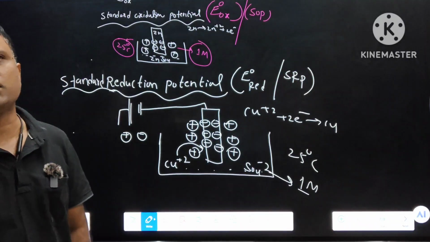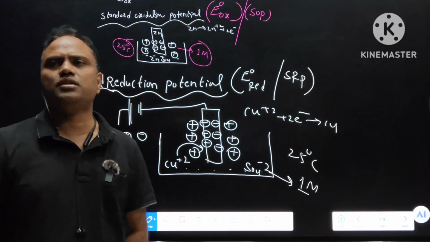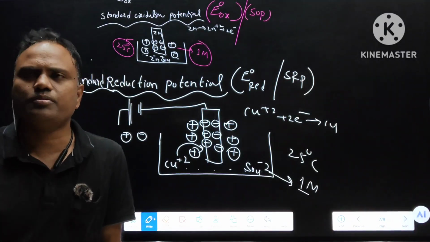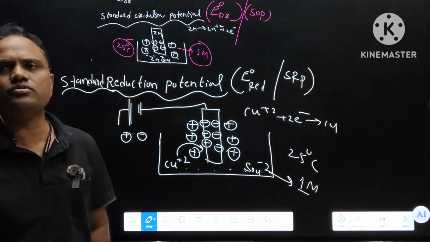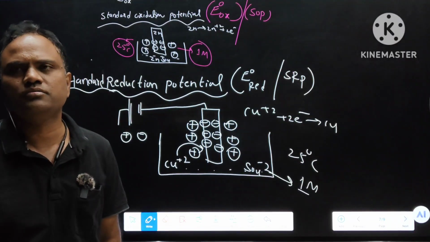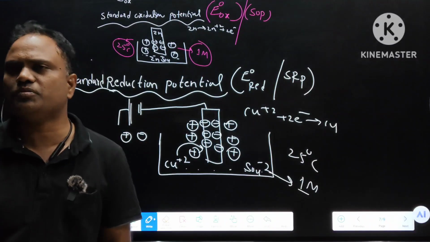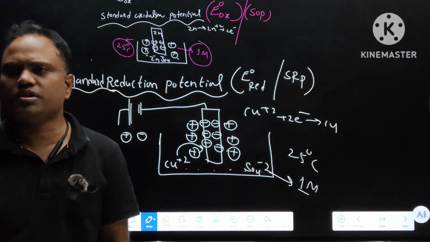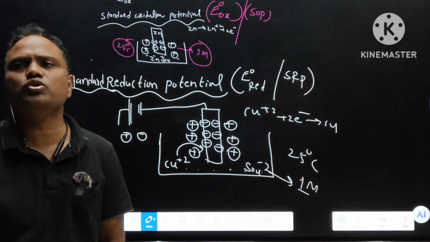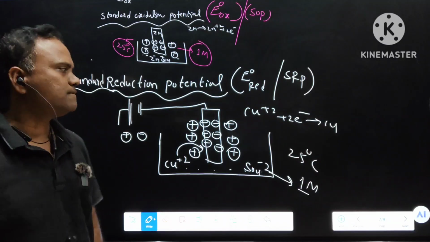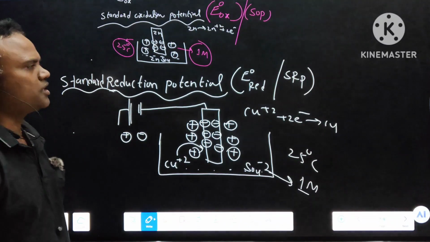So we have so many metals with reducing property. That's why reduction potential values are preferred during the numerical part. Majority of the metals like zinc, iron, manganese, magnesium are reducing agents. That's why we prefer SRP values for the numericals. Clear? I hope you understood this terminology.